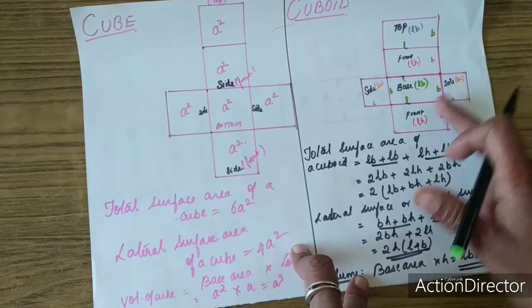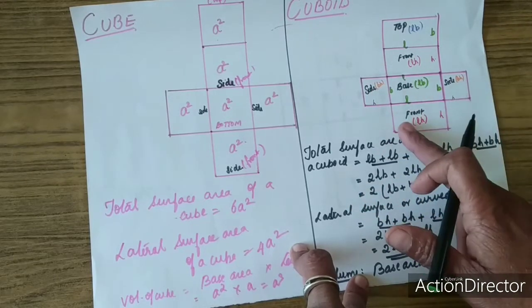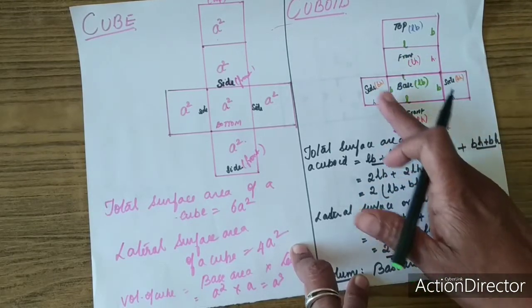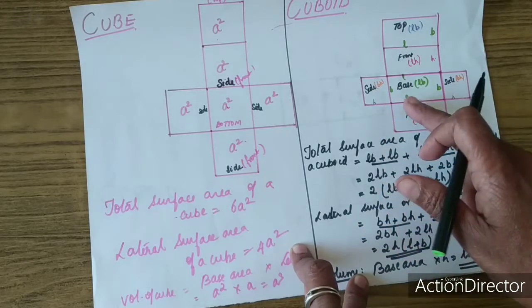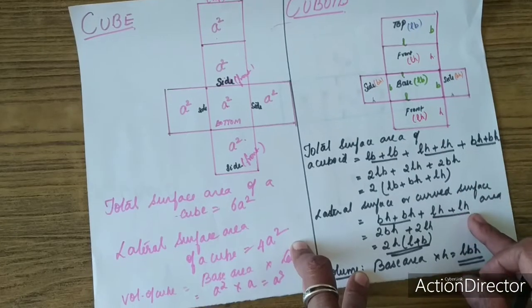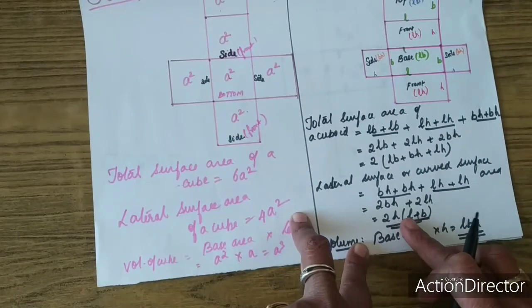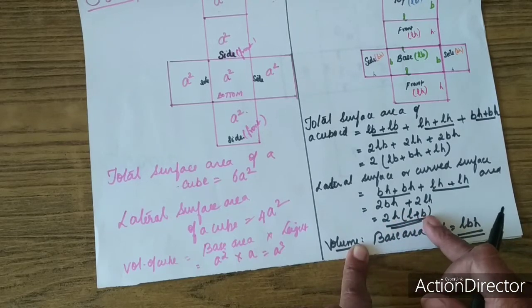So we get the 4 walls of the room, that is the 2 side faces and the 2 front faces. 2 side faces give me breadth into height plus breadth into height, and 2 front faces give me L into H plus L into H. On adding and taking out the common factor, I get 2H into L plus B.